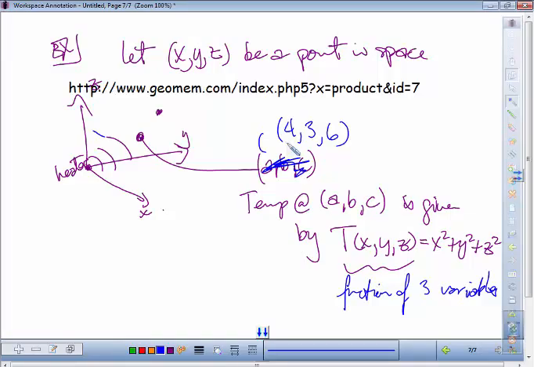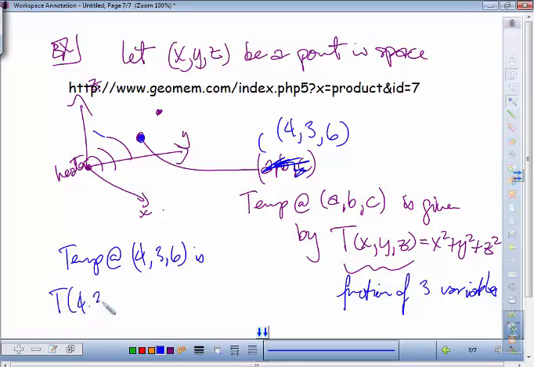So let's say I'm at this point, 4, 3, 6. What can I say about my temperature there? So the temperature is given as a T function, T of 4, 3, 6.